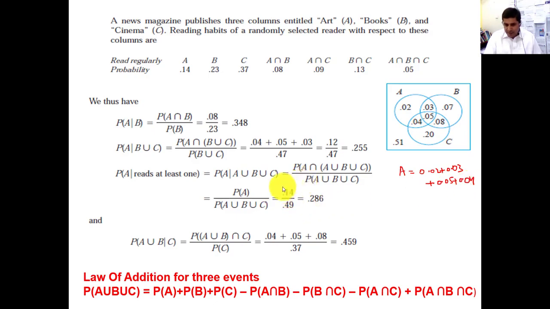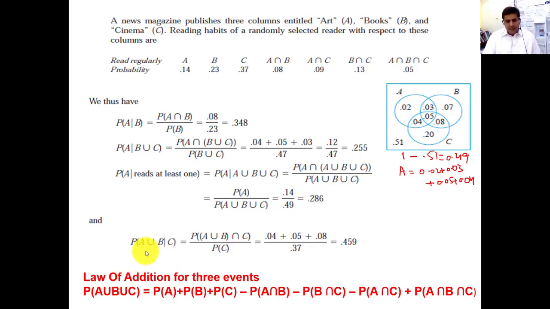That is why we write it, because this is common. So 0.14, and outside these circles is 0.51. So which area is included in these circles? 1 minus 0.51 is equal to 0.49. So we just divide by 0.49 and we get 0.286.